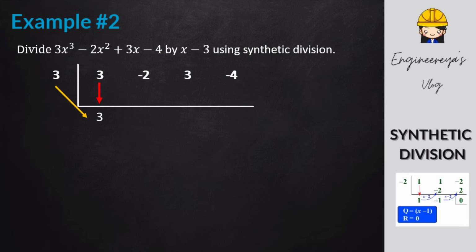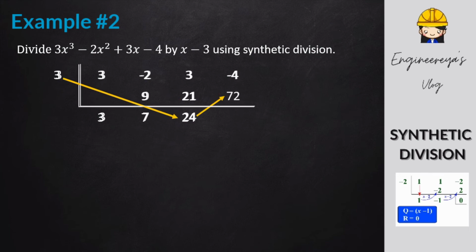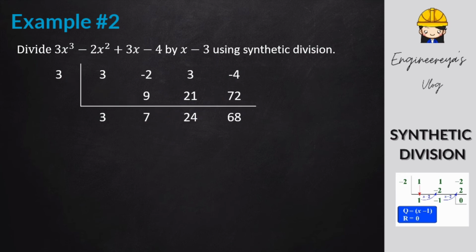Multiply the number in the division box with the number you brought down and put the result in the next column. Add the two numbers together and write the result at the bottom of the row. Repeat steps 3 and 4 until you reach the end of the problem. As you can see, the remainder is 68.